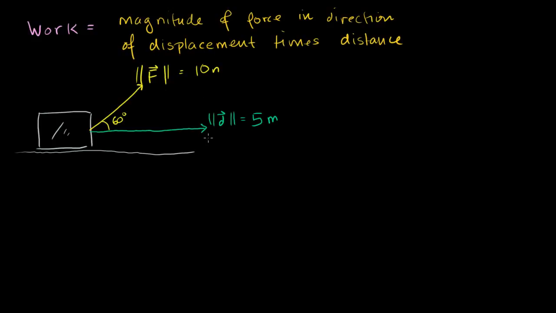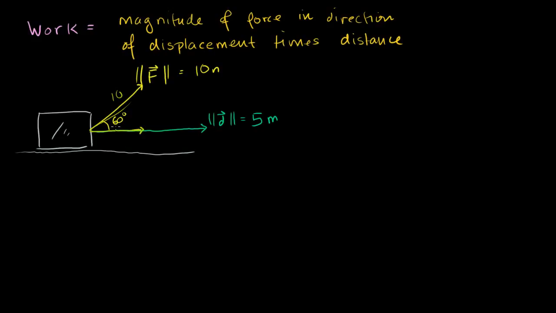So you've learned from the definition of work, you can't just say, oh, I'm pulling with 10 newtons of force and I'm moving it 5 meters. You can't just multiply the 10 newtons times the 5 meters. You have to find the magnitude of the component going in the same direction as my displacement. So what I essentially need to do is, if you imagine the length of this vector being 10, that's the total force. But you need to figure out the length of the vector that's the component of the force going in the same direction as my displacement.